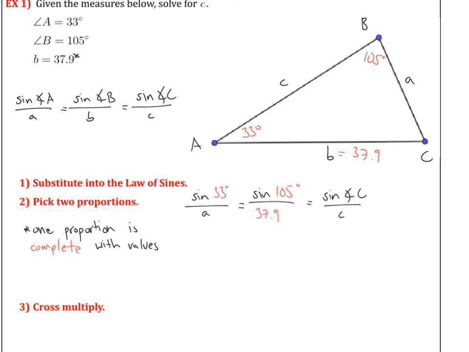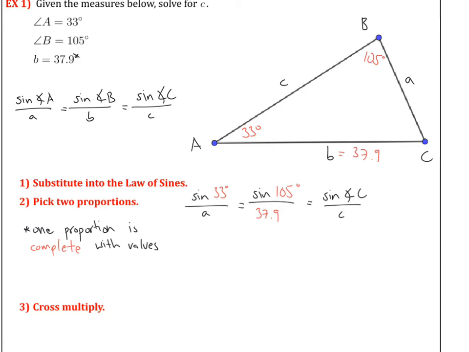Here's what I mean. When we take a look at the entire fraction for each of these three, what I'm looking for is that both the angle and the side across from that angle have been substituted in.